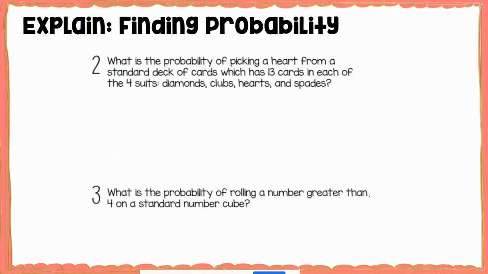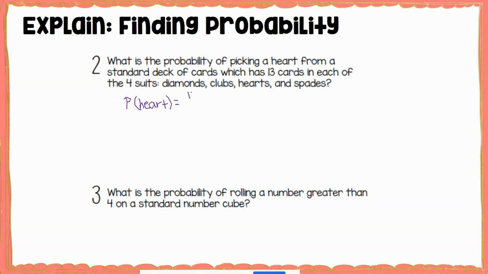Number 2 says, what is the probability of picking a heart from a standard deck of cards, which has 13 cards in each of the 4 suits: diamonds, clubs, hearts, and spades? I know that a standard deck of cards has 52 cards. So if I'm going to find the probability of a heart, then I'm looking for how many cards have hearts on them. Well, I know there are 13 of each of these, so there are 13 diamonds, 13 clubs, 13 hearts, and 13 spades.